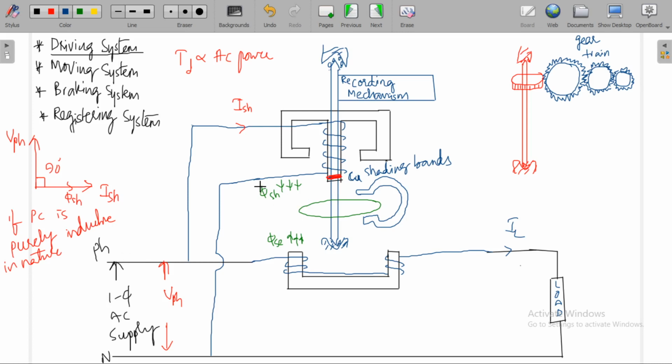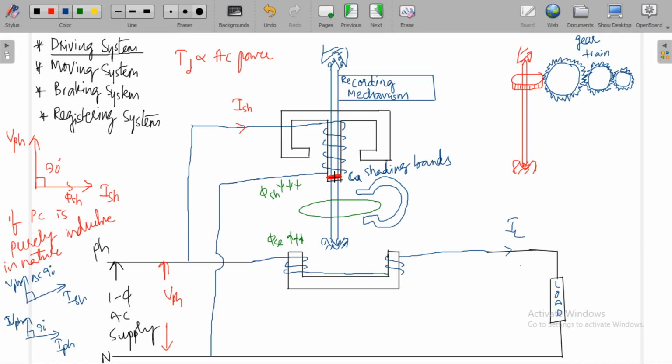Before using these copper shading bands, you may have a phasor diagram like this: V phase, ISH. This angle may be less than 90 degrees. After using shading bands, you may have a phasor diagram like this: V phase, I phase, 90 degrees.